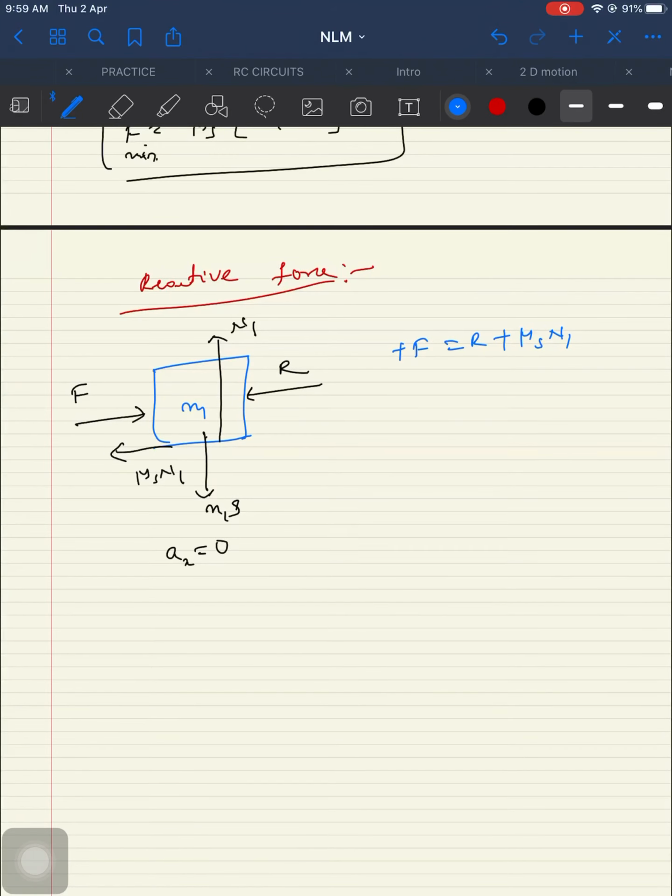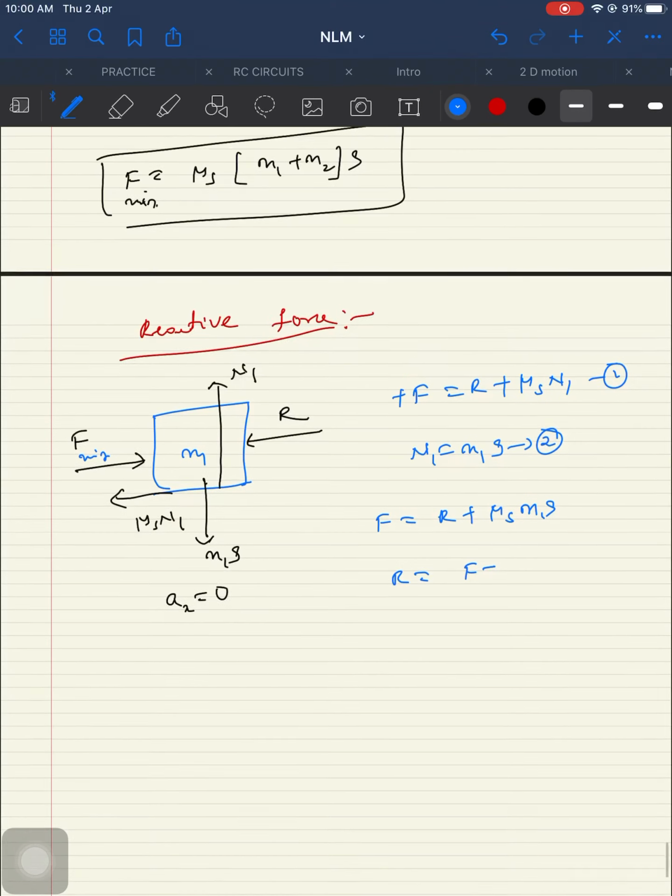N1 equals m1g, since upward force equals downward force. So F is equal to R plus mu s into m1 into g, and R is equal to F minus mu s m1 g.